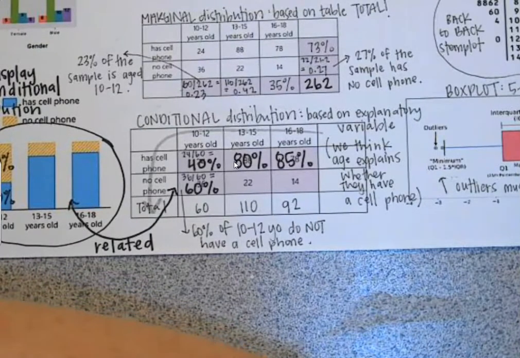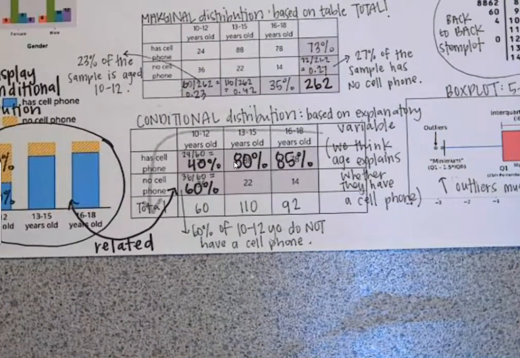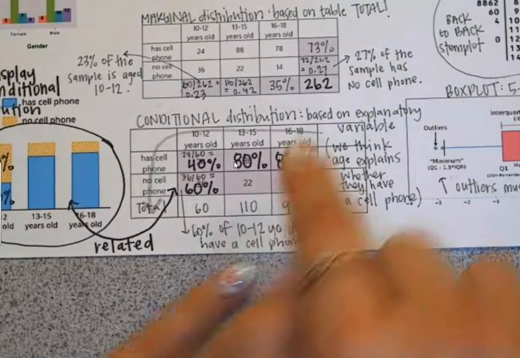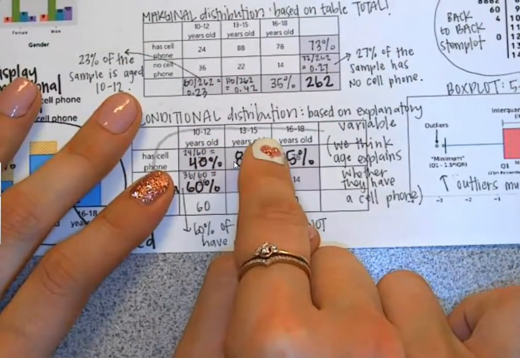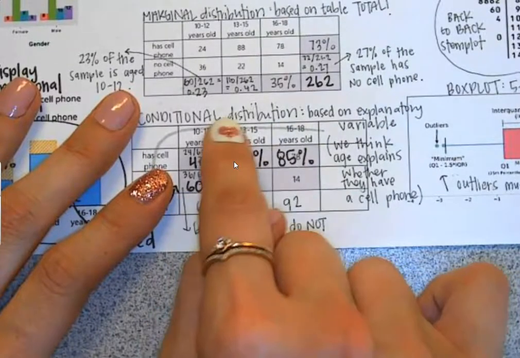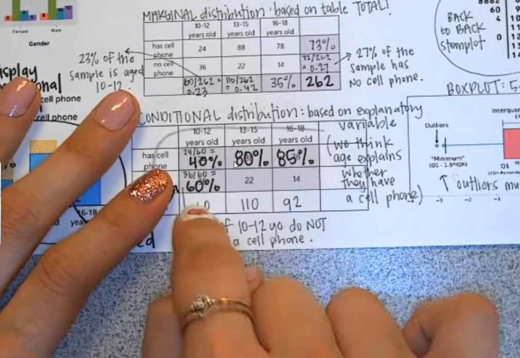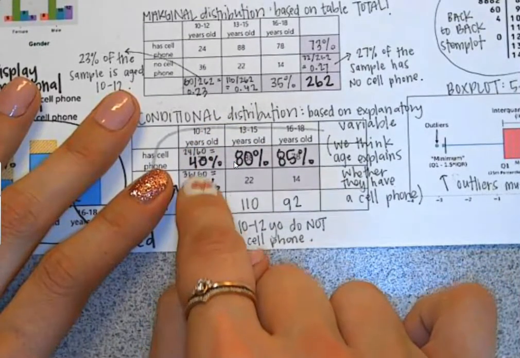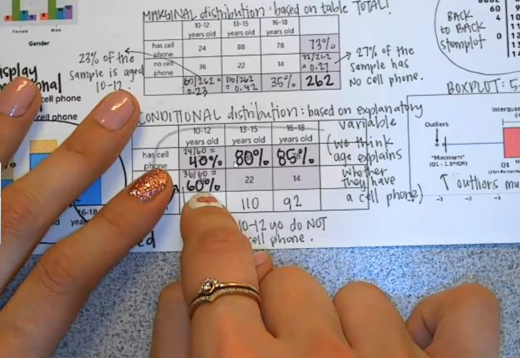Your cell phone does not affect what age group you are in. So we would base our percents off of your age groups, which means that in order to find these conditional percents, you go across from your explanatory variable and you base your conditional distributions off of each category.